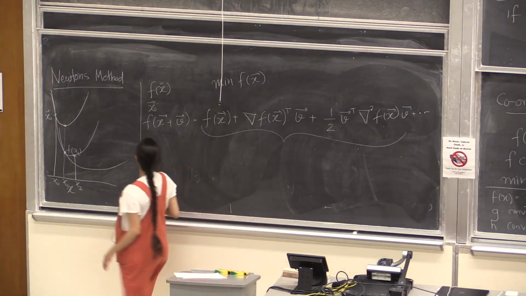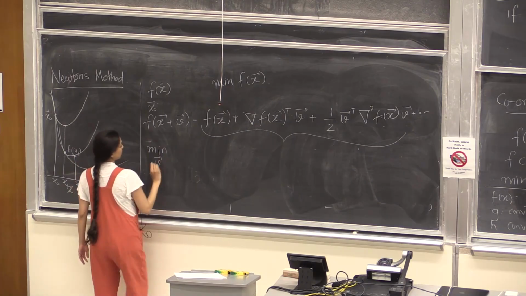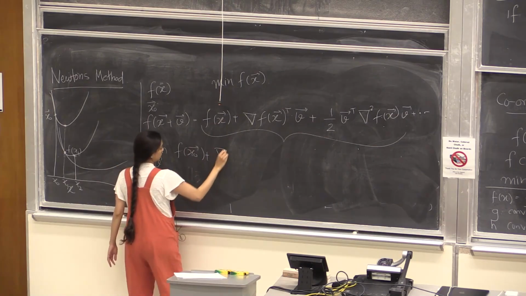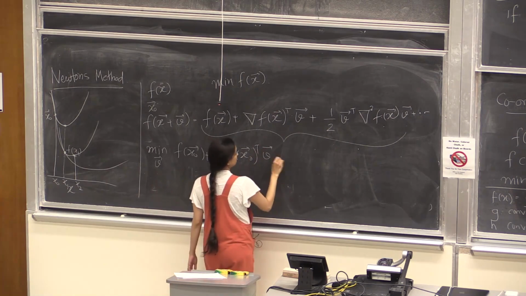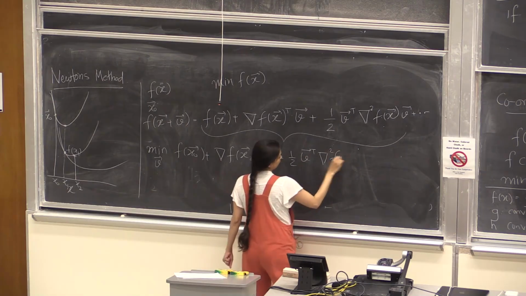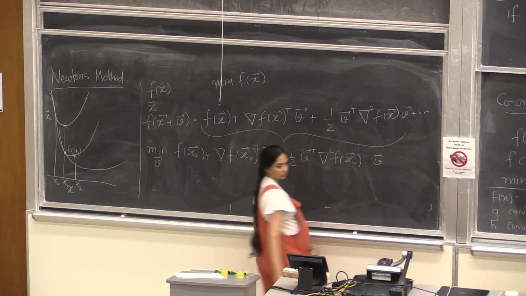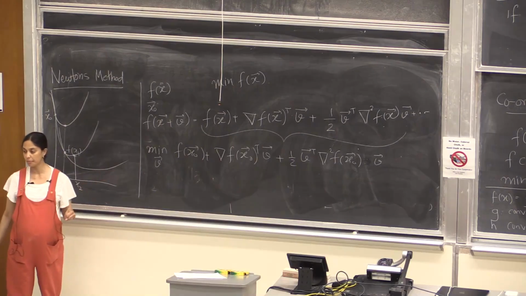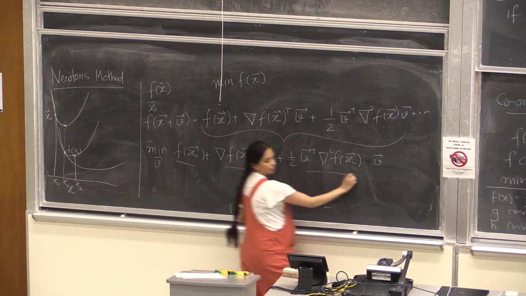And instead I'm saying, let's locally consider, right now I'm looking at this as a minimization over v. So this is the constant term, this is the linear term, this is the quadratic term, right?